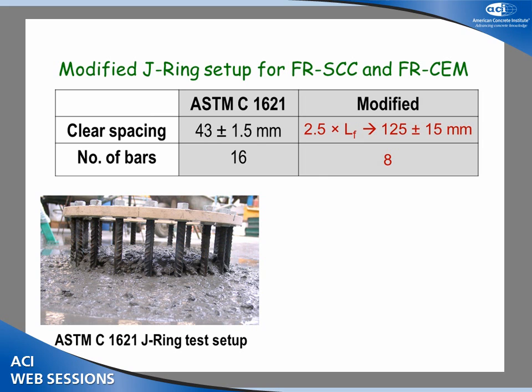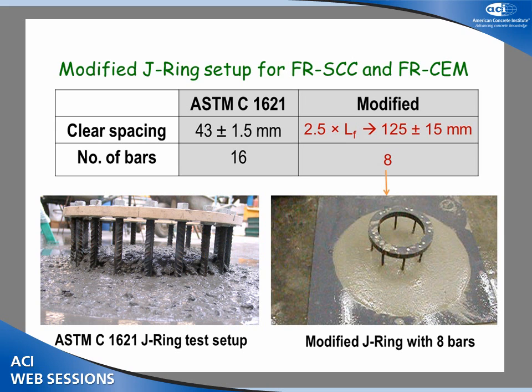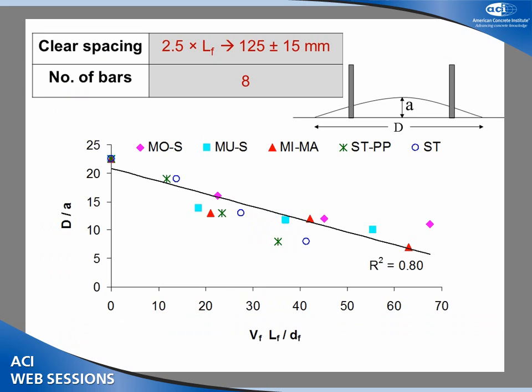So after certain trials, we decided for fiber reinforced concrete it is best to reduce the number of bars from 16 bars to 8 bars and increase the distance between the bars from 43 millimeters to something on the order of 5 to 6 inches, 5 inches, which is 2.5 times the length of the fiber. When you do that, you get very good behavior, and you can differentiate between mixtures that are flowing well versus those that are not.